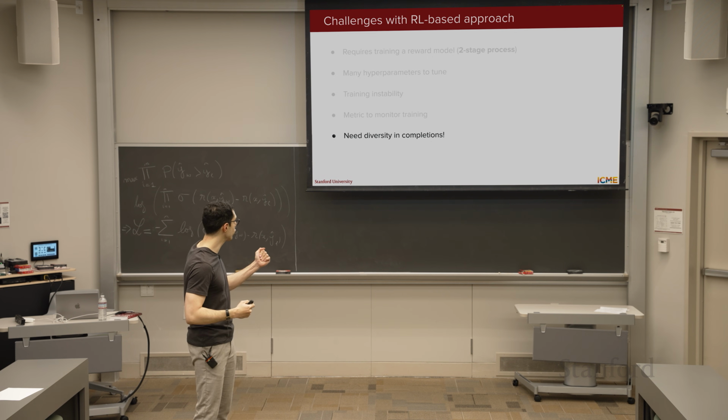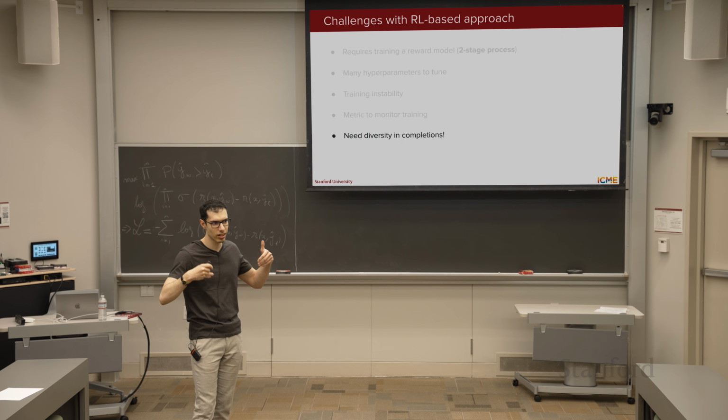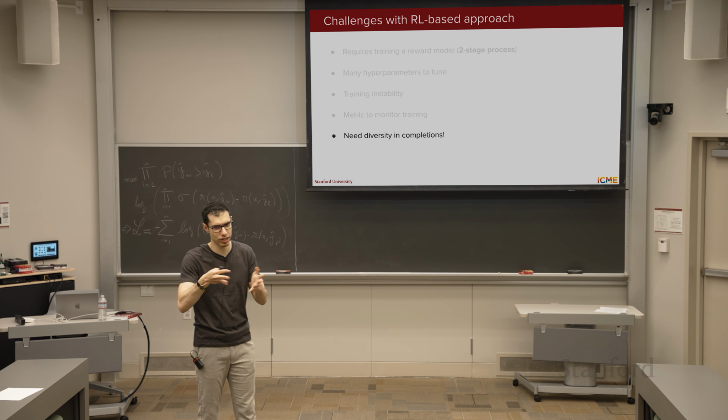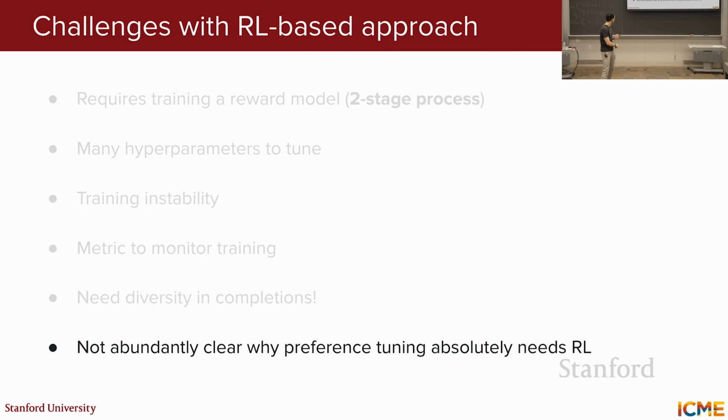So this is another challenge you need to have in mind, which is you need to force your model to do some exploration to see, I guess, what can be good. And then the last point is, a lot of you were not familiar with RL. I was not. And it's not super clear why we would necessarily need RL to do this stage.